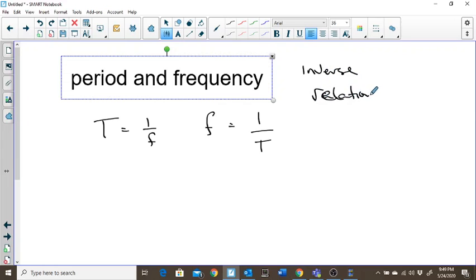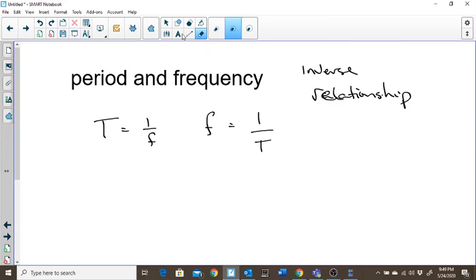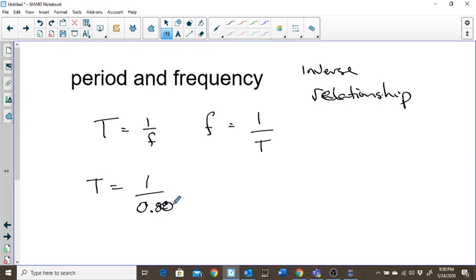Can't spell relationship tonight, but that's okay. All right, so let's do the other way around. If we wanted to know what the period is, given that the frequency was, I'm trying to remember my numbers, 0.8 hertz, cycles per second.